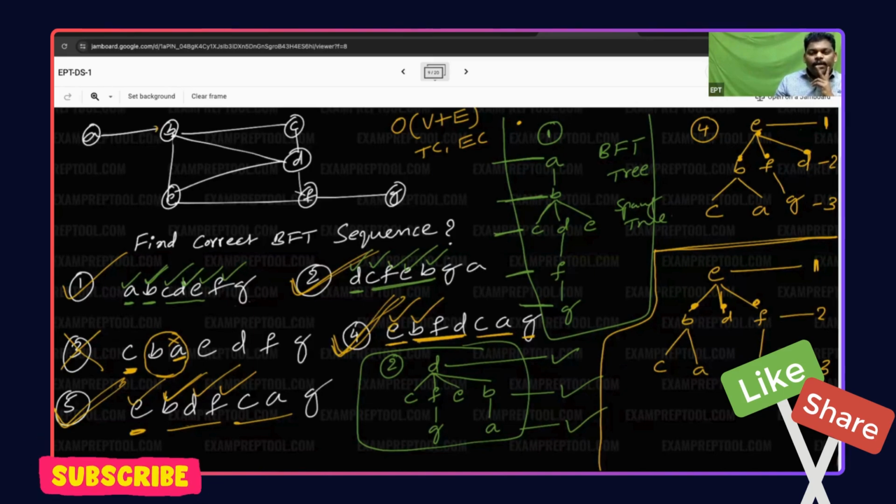The DFT tree, because in the DFT tree, every level takes one person. Suppose I have taken E. E adjacent is 3 people. But the DFT tree doesn't take all 3. You will take 1 person and go further.